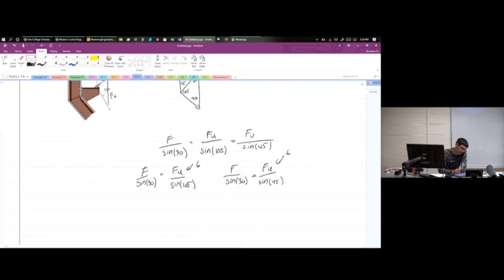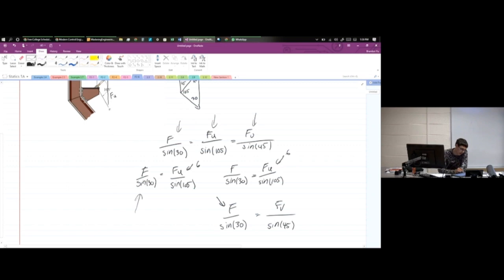You can choose any of these three and set one equal to the other. But the issue is if I did F over sine 30 equals FV over sine 45, this F would already be an approximated value because we would have to find it from here and then round it.